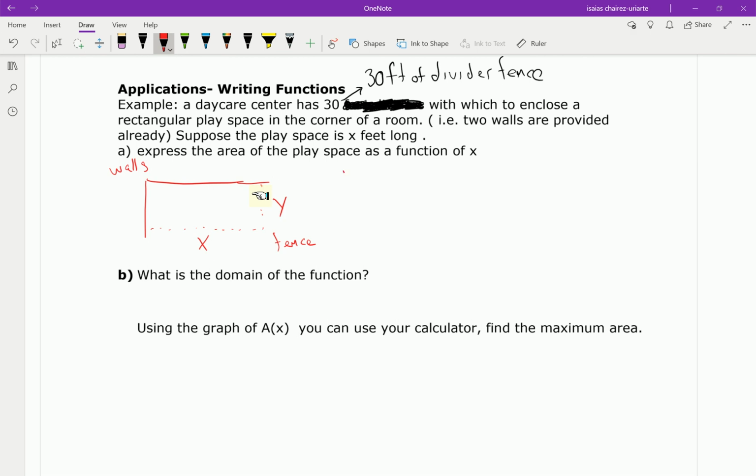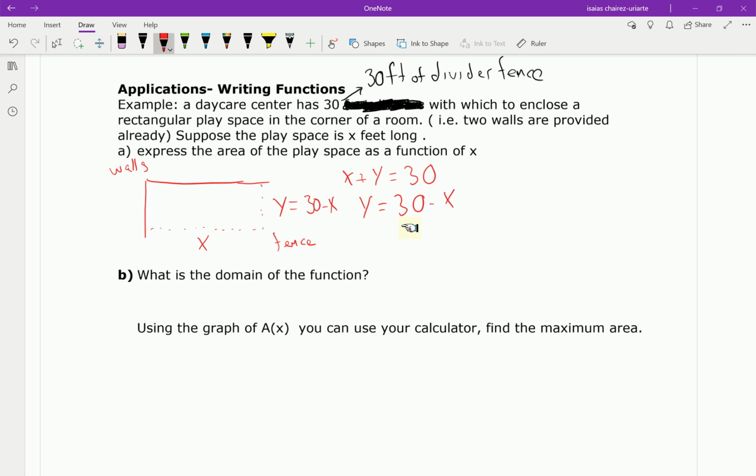But I hope that you agree that x plus y is equal to 30. I'm supposed to use up all this fence, so this amount of fence plus this amount of fence is limited to 30 feet. From this little equation, I'm definitely going to solve for y. That says that y is 30 minus x. So instead of writing y, I could have said 30 minus x.